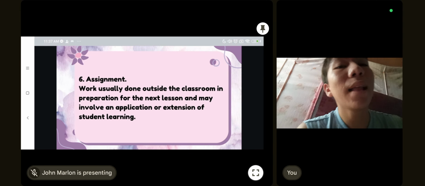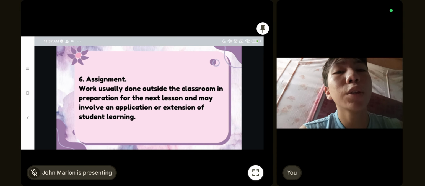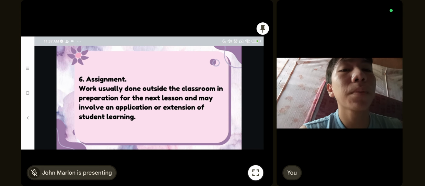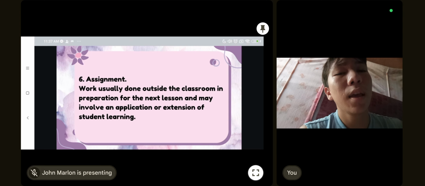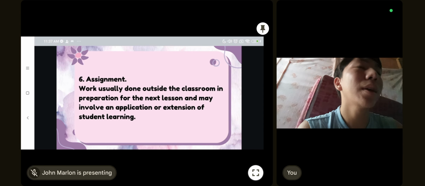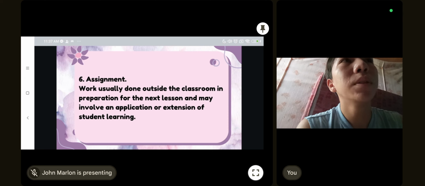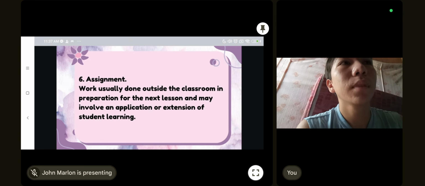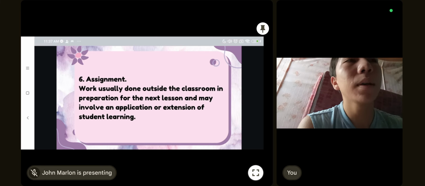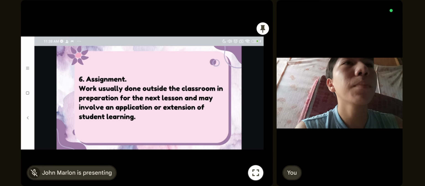And the next is assignment. It is work usually done outside the room in preparation for the next lesson, and may involve the application or extension of student learning. An assignment will help the student catch up for the next topic, or learn more about what is needed in a lesson.